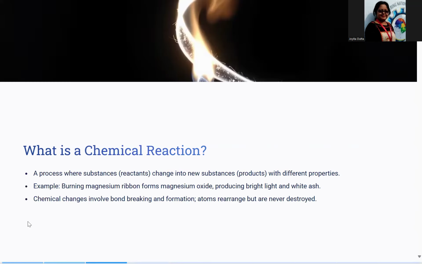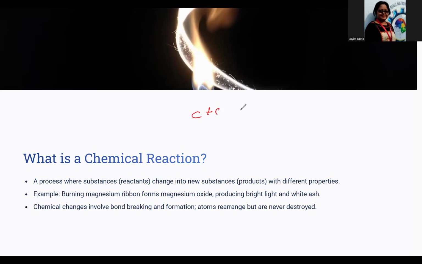So here we have what is a chemical reaction. A chemical reaction is a process where substances react. I had already taken this into consideration earlier, wherein I took carbon plus oxygen to give carbon dioxide, a very simple equation.